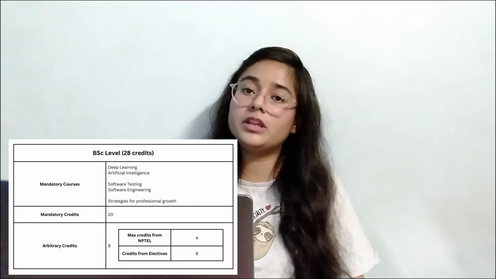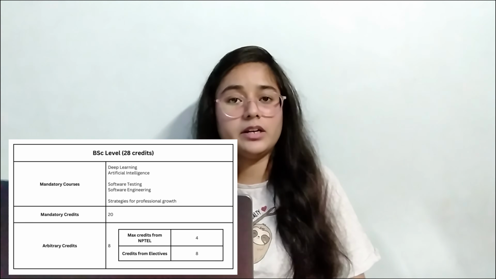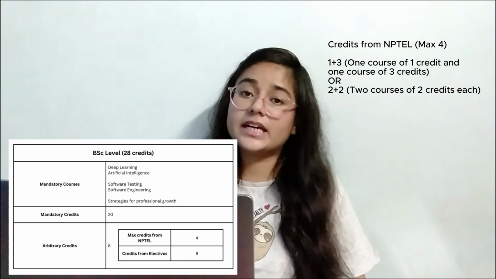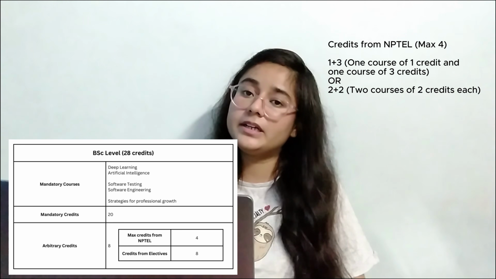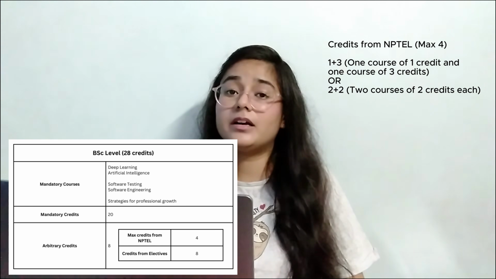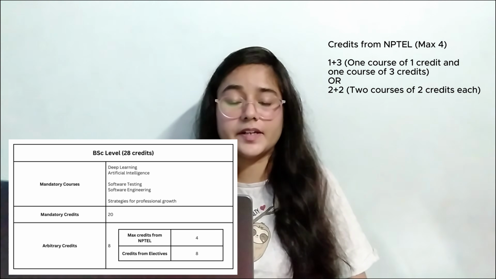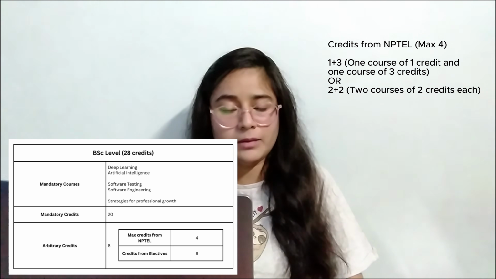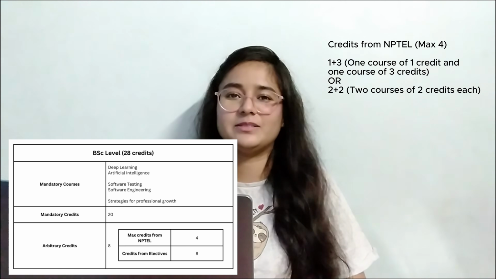Either you can go with the subjects that have 1 credit, 2 credits, or a maximum of 3 credits. So if you take a subject that is of 3 credits from NPTEL, then you have to take up a different subject that is of 1 credit. That's how you will complete a maximum of 4 credits from NPTEL for your BSc degree.